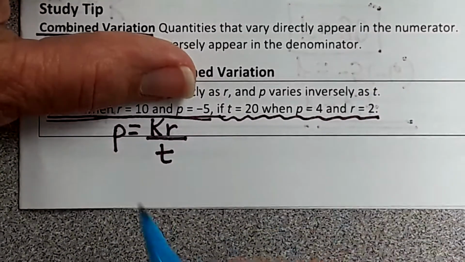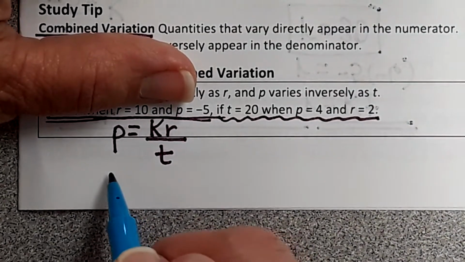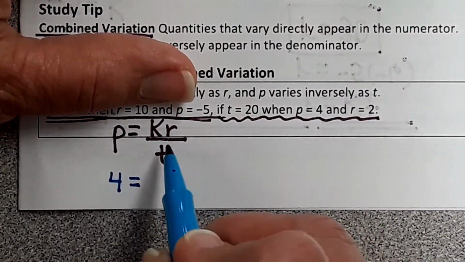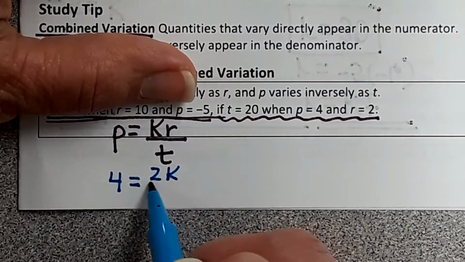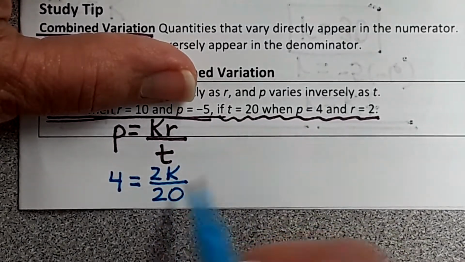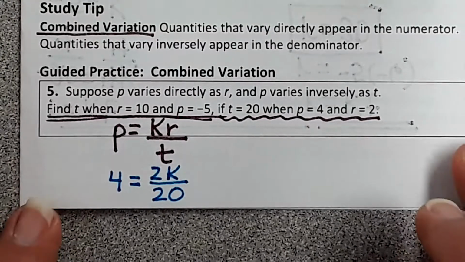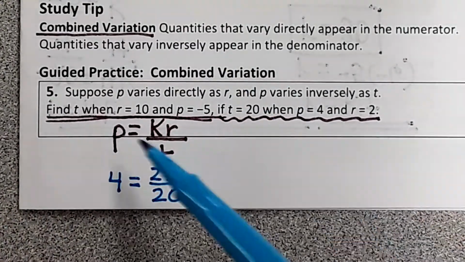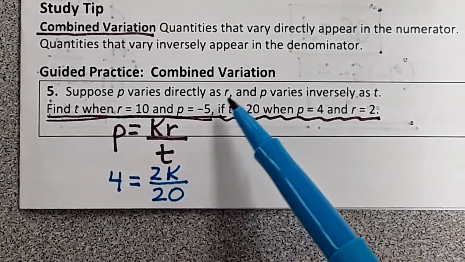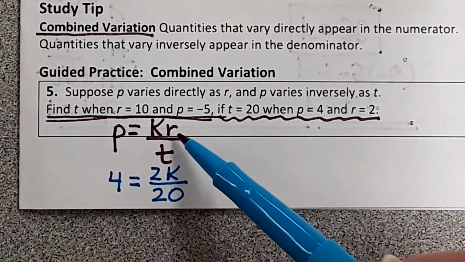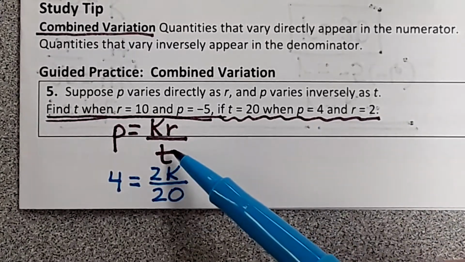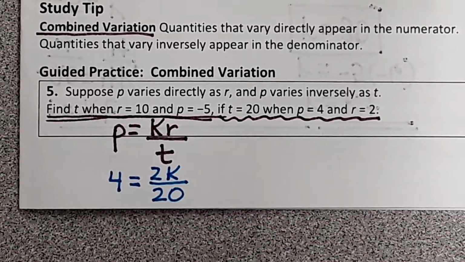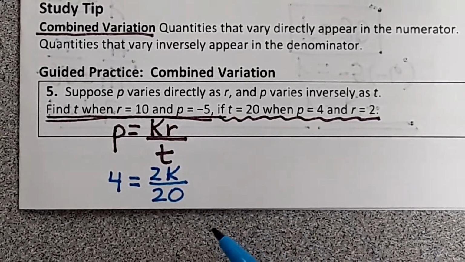So the first thing we're going to do is p is 4. We're looking for k. R is 2. And t is 20. So again, suppose p varies directly as r. That's how I got the numerator. P varies inversely as t. That's how I got the denominator. The if statement is what I use to find k.